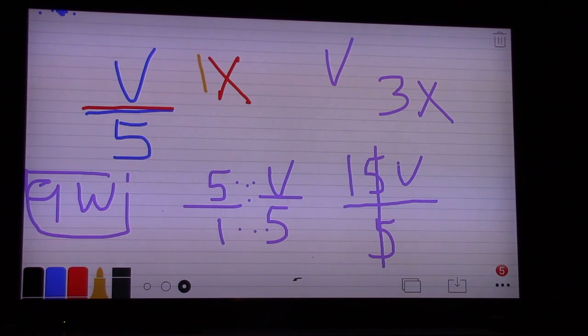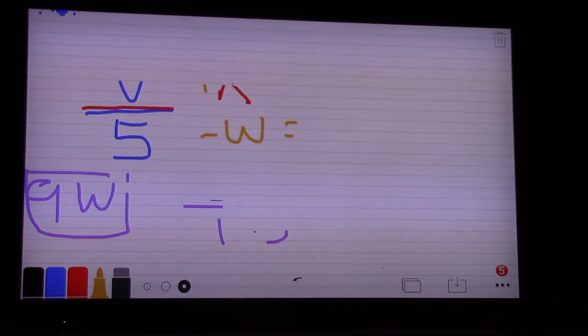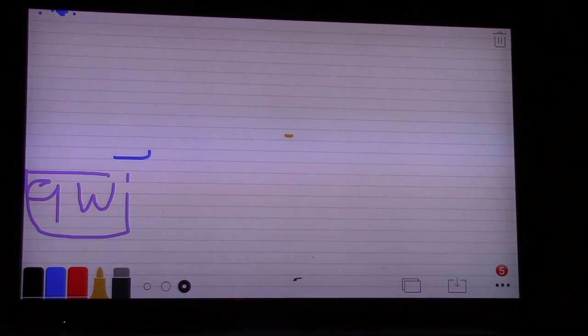And I'm going to make a leap right now: if there's a negative variable like negative w, what that really means is negative 1 times w. It's negative 1 times w that makes it a negative w. Wow, got pretty far afield right there, but all of those things are the intuition you need to be an effective problem solver.